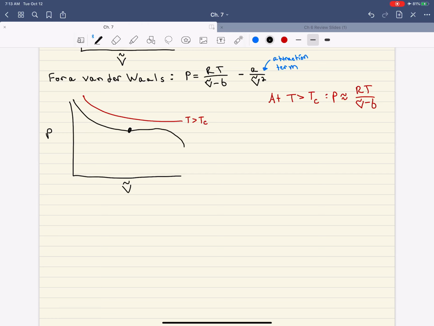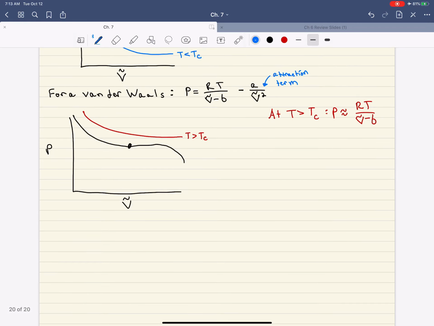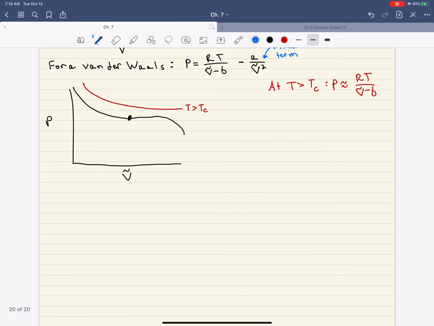And then when we're at very low temperatures, because we're using a mathematical model, we wouldn't see a discontinuous step change, but we would see something like this. So in the blue, at T less than Tc, we would expect to see something like this. Let me draw that better.